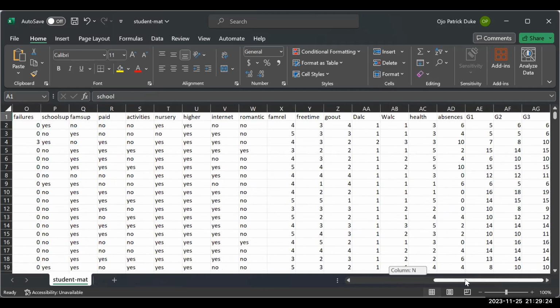All right. So in the end, we want to be able to use all or a few of these variables. Remember, I said all or a few of these, to be able to model what the grade of the student will be. Simple as that.